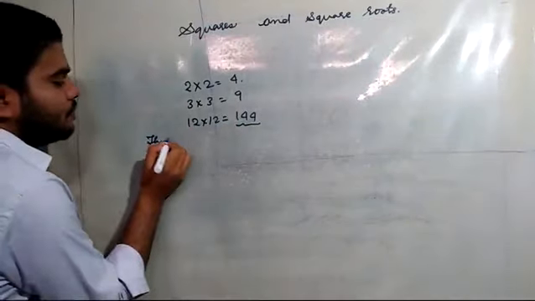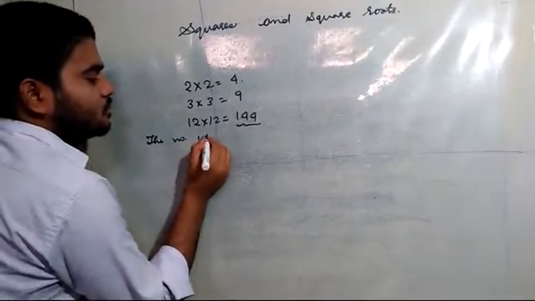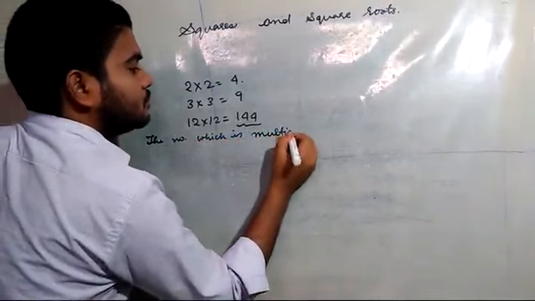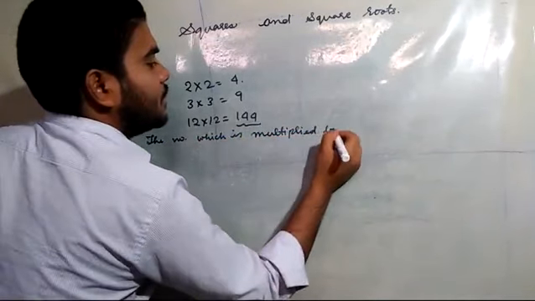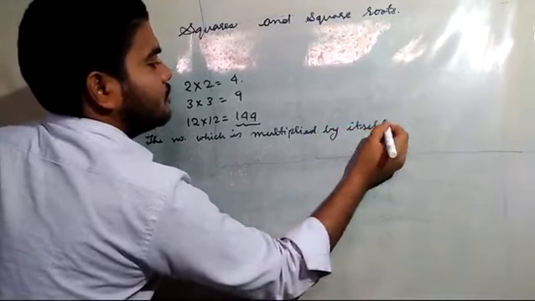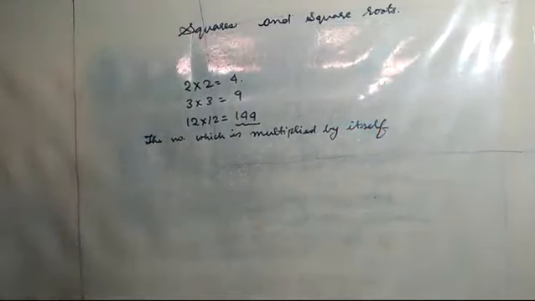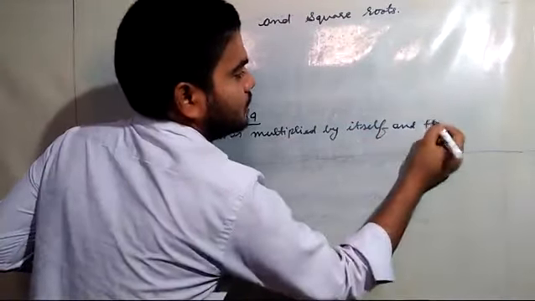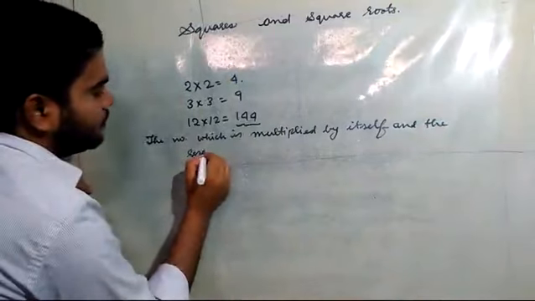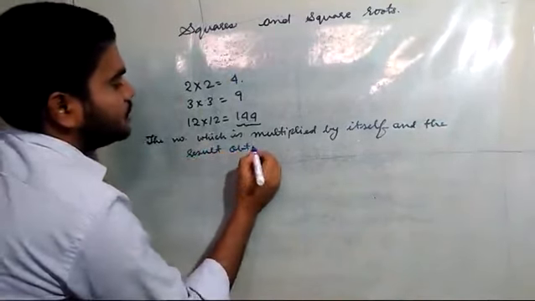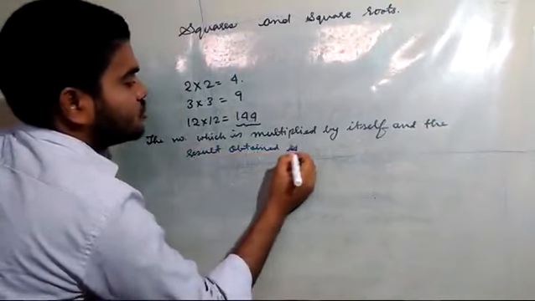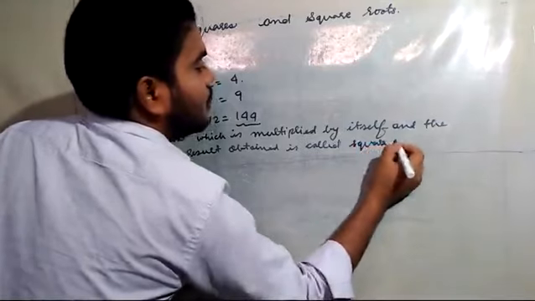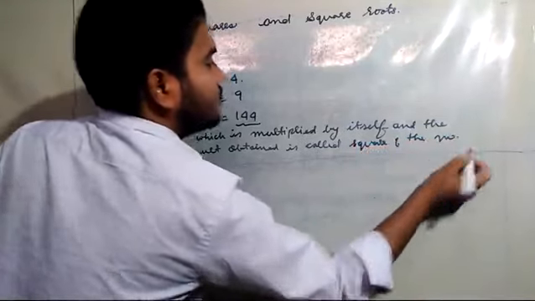The number which is multiplied by itself, and the result obtained, is called the square of the number.